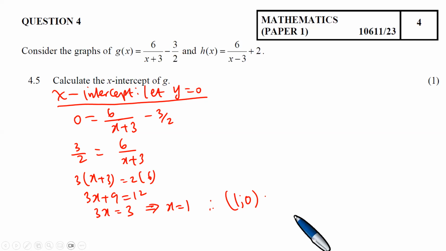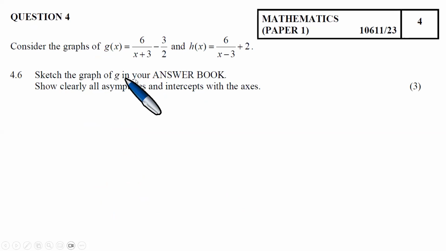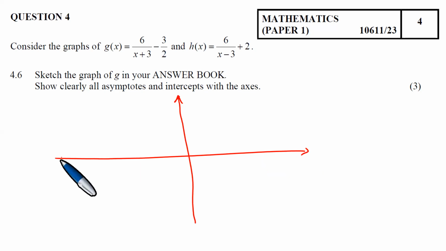Next question. Sketch the graph of g in your answer book. Show clearly all intercepts and asymptotes and intercepts with the axis. Let us draw the graph quickly, it's very straightforward to draw graphs. To draw the graph, we first draw the coordinate axes, the Cartesian plane, the vertical axis and the horizontal axis, with x equal to minus 3 here.